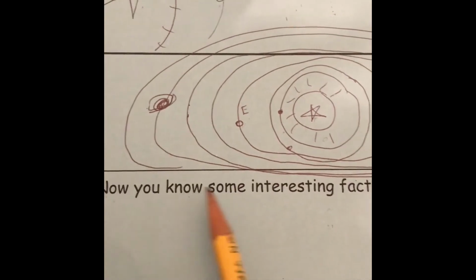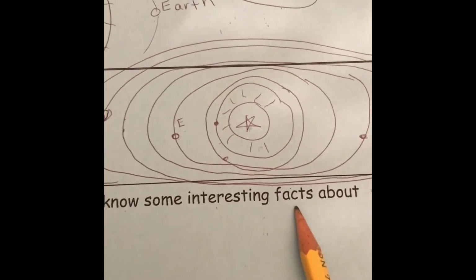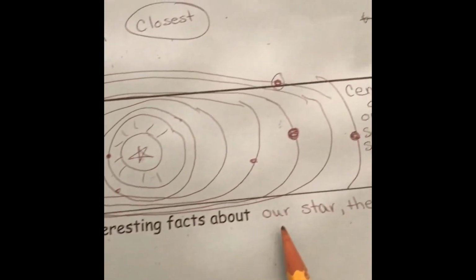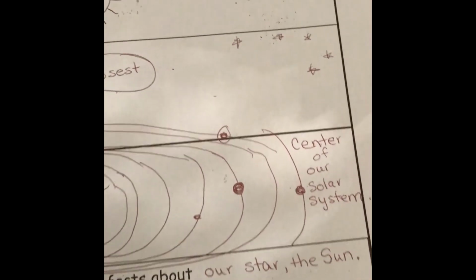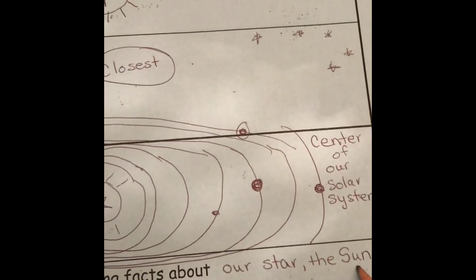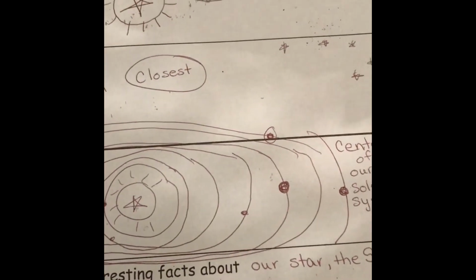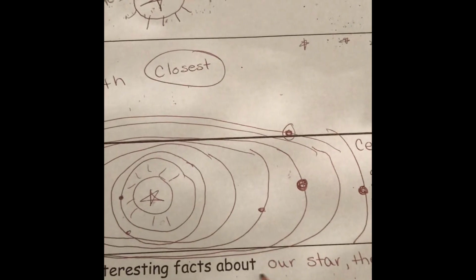Now you know some interesting facts about our star, the sun. Now, if you were doing the moon, you would write whatever you put in here, the facts about the moon, or if you did constellations.